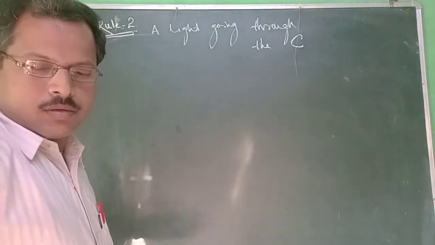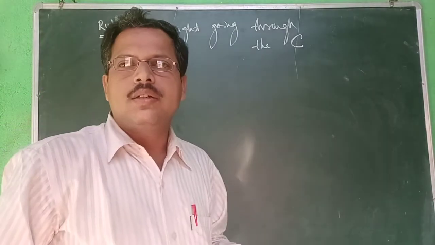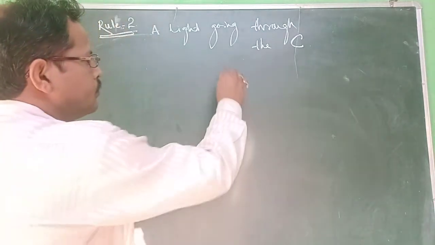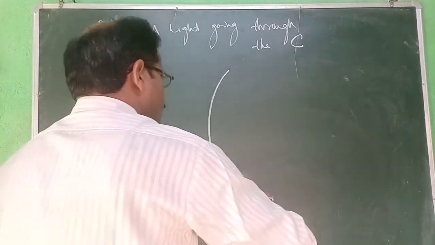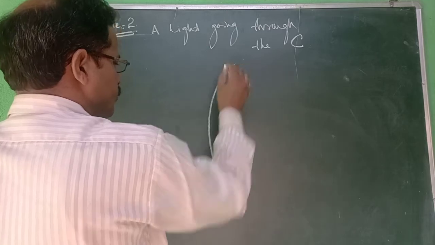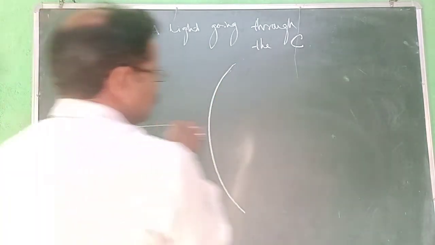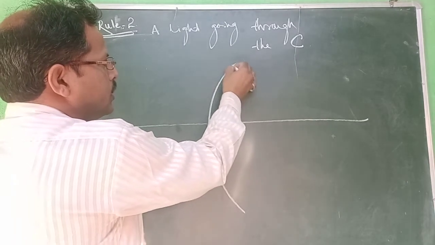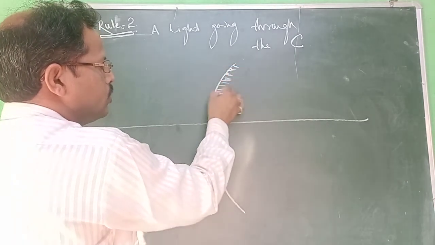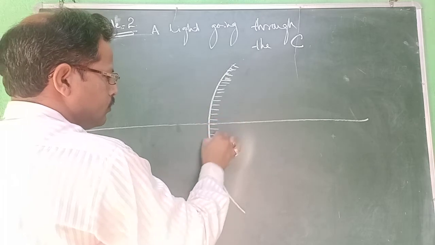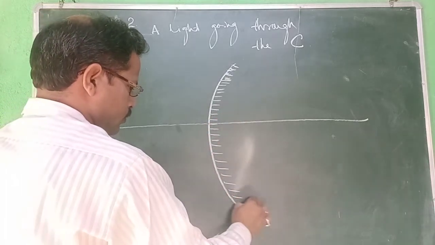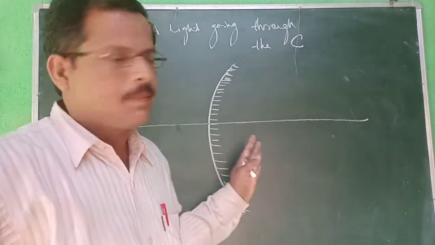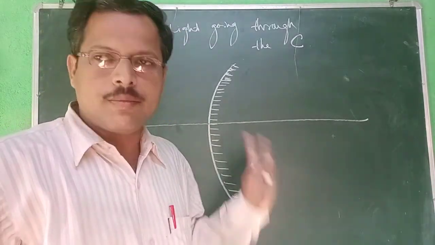These are the rules for obtaining an image in a convex mirror. This is the back side, the silvery coated side of the spherical or convex mirror.